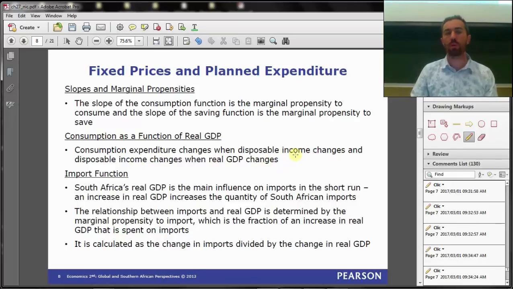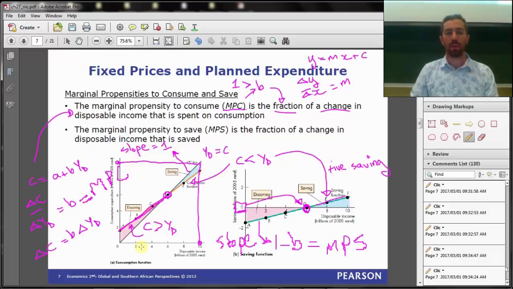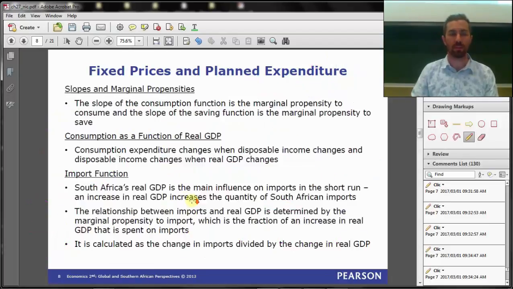The discussion today will continue drawing the link between disposable income and real GDP. How are these two linked? Any increase in disposable income is going to cause a movement along the consumption function. So an increase in disposable income leads to an increase in consumption, and vice versa.